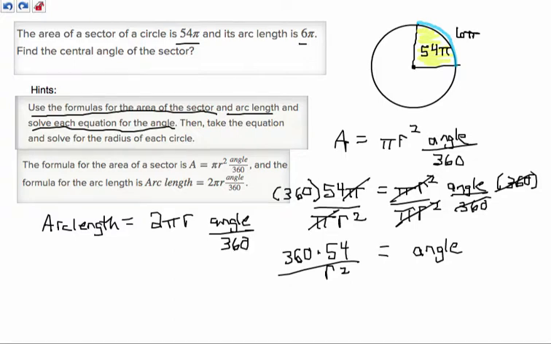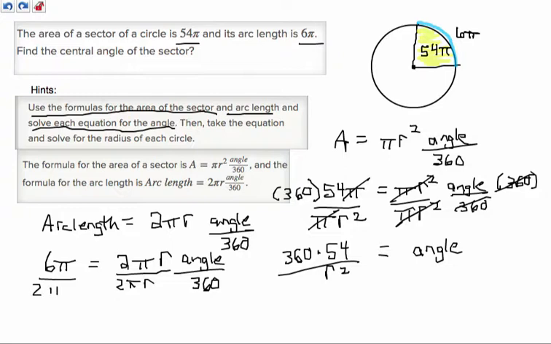And we're going to plug in 6 pi for the arc length. 6 pi equals 2 pi r angle over 360. So we're going to divide both sides of the equation by 2 pi r because again we want to isolate the angle, and we're going to multiply both sides of the equation by 360.